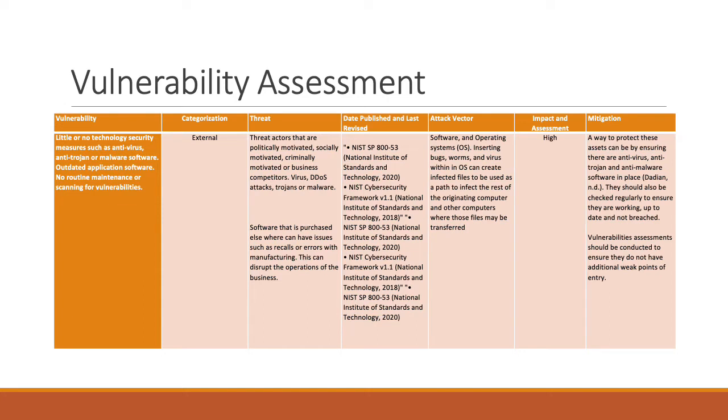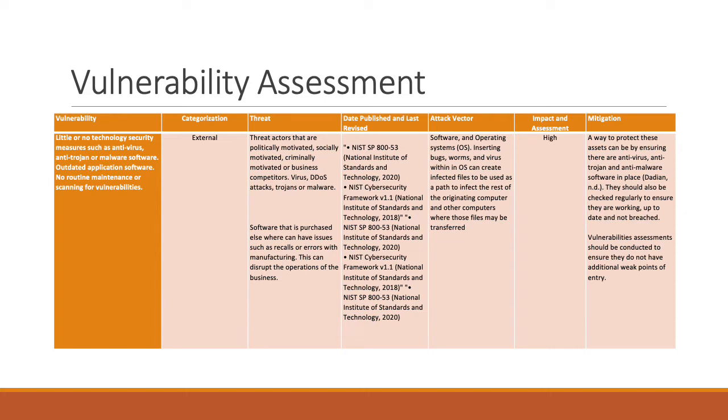The inserting of bugs, worms, and viruses within the operating system can create infected files, and it can be used as a path for the rest of the originating computer and other computers where transfers may be filed. The impact here can be high since a breach through a particular system can also cause issues elsewhere as well as on other computers.